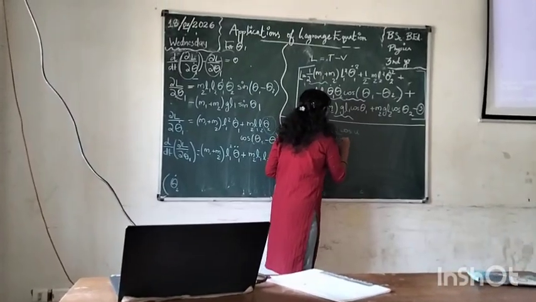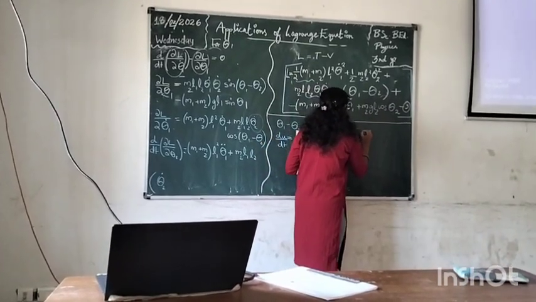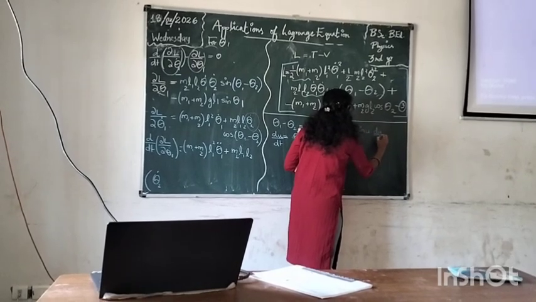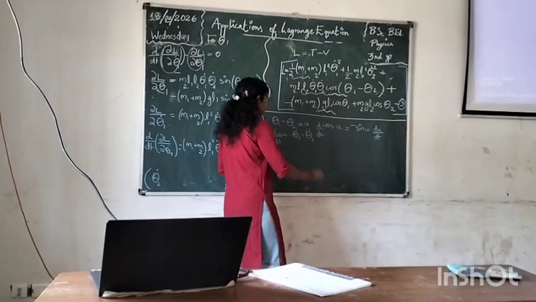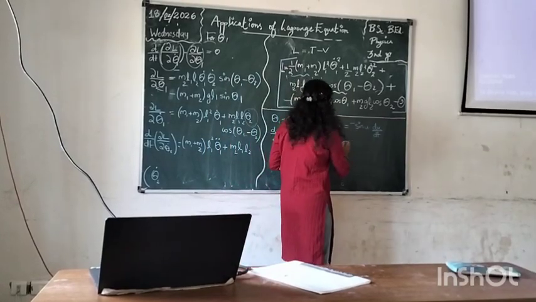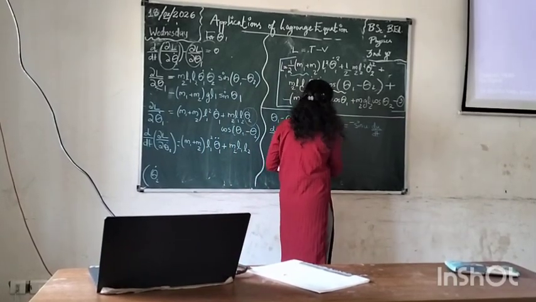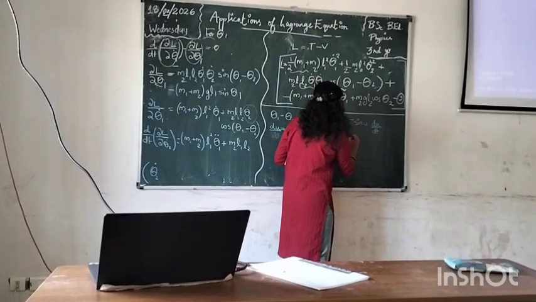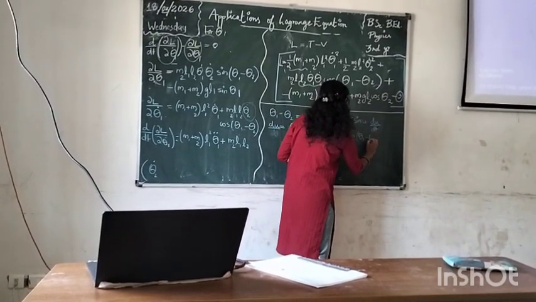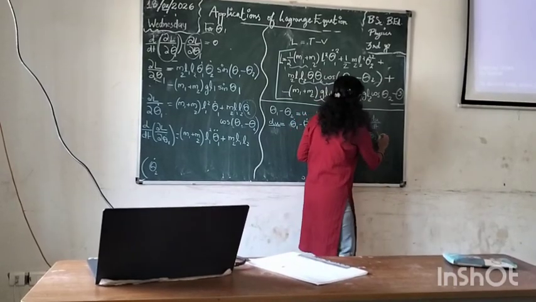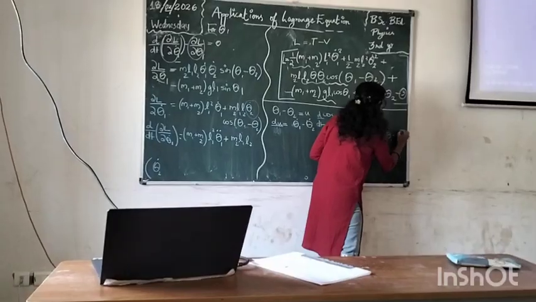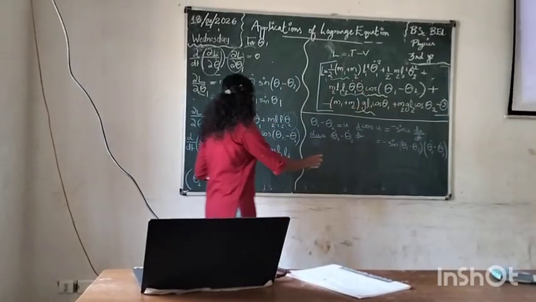We have minus sin u into du by dt. So we will substitute this thing here. So it will be minus sin theta 1 minus theta 2 into theta 1 dot minus theta 2 dot. So that will be the derivative of this term.